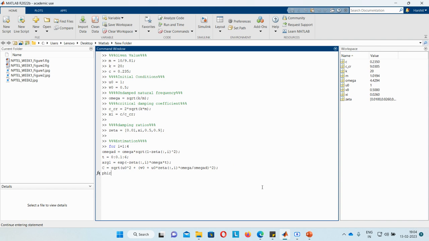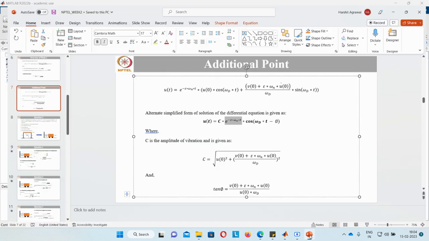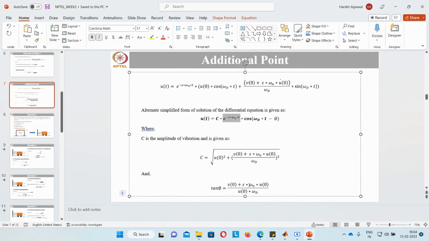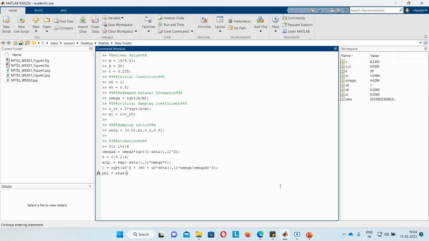And third, we need to calculate phi. So tan phi we know, so phi will be tan inverse. So how do we write tan inverse? atan is the code for writing tan inverse. So tan inverse of what was the value? v naught plus epsilon omega n u naught upon u naught into omega d.